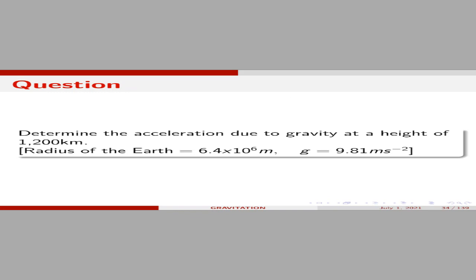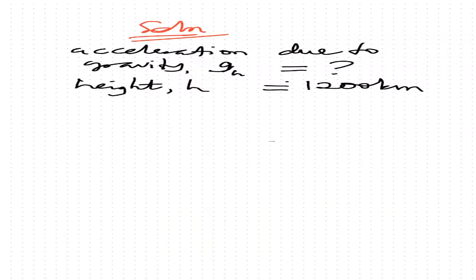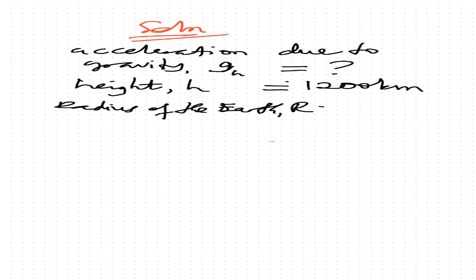And we are given the radius of the Earth, denoted by capital R, 6.4 times 10 exponent 6 meters.